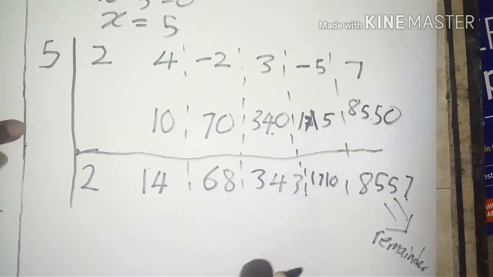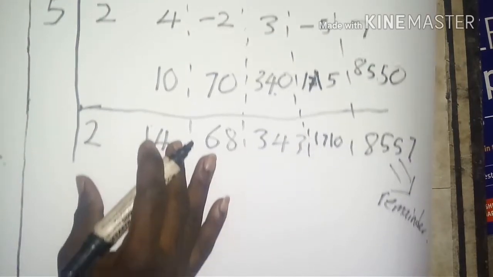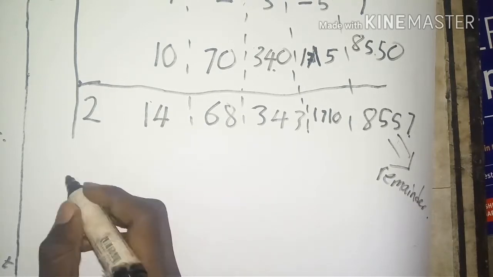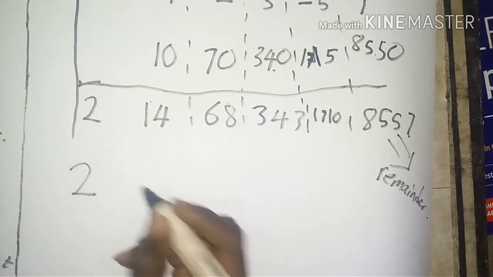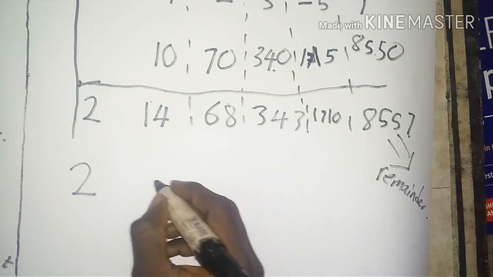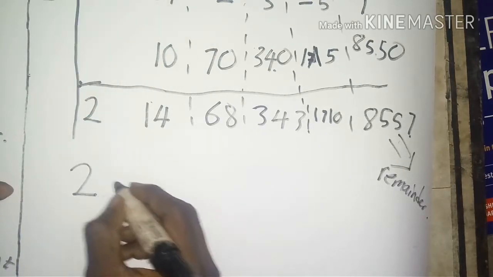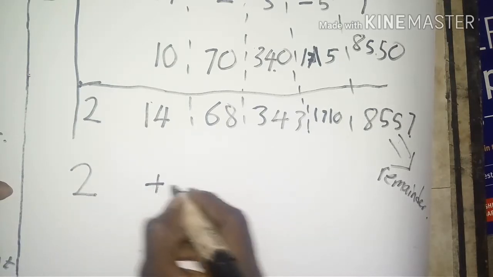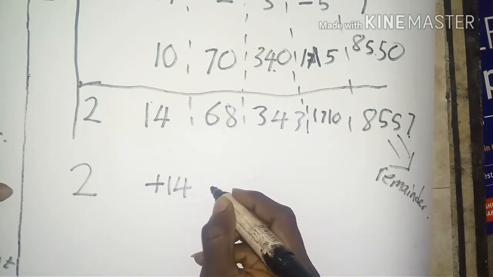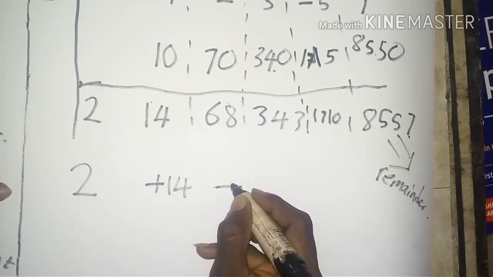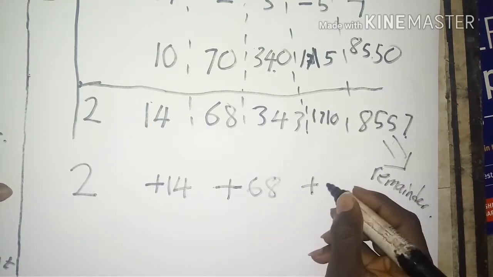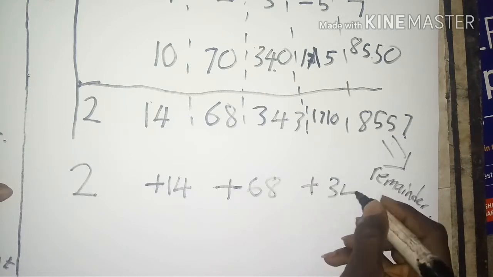This is your remainder. Then the rest, you put them down again, so it will be easy for you to bring down. Putting them down again, it will be like 2, then 14. I want to add the symbols straight, but I'm going to still put the space for the x. 2, then plus 14, then plus 68, plus 343.